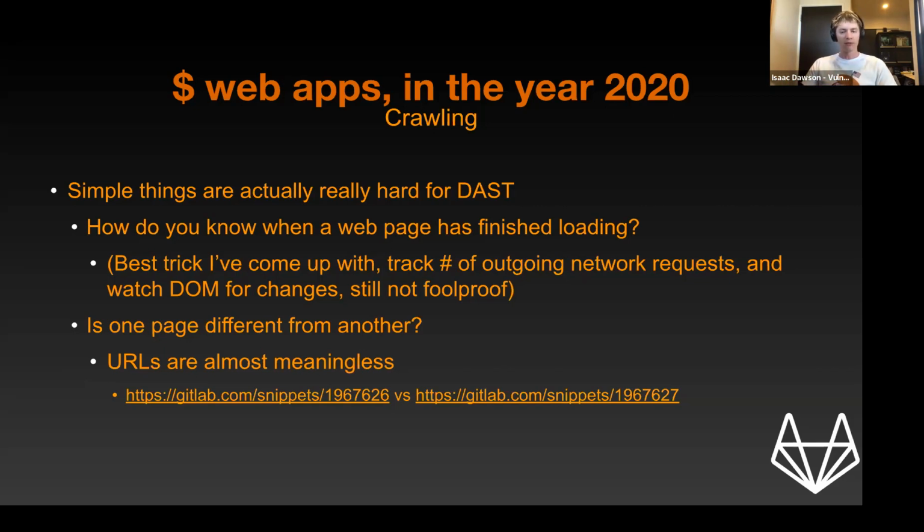What I've used in the past and what's worked, but it's still not foolproof, is you have to track the number of outgoing requests for the particular page that you loaded, make sure that it increments and decrements down to 0, and then you watch the DOM to see if it's changing. But if you think about a lot of these carousel components that are modifying the DOM every second, it's going to look like the page is still being updated. So for a human, it's really easy for us to say, okay, this page has obviously been loaded and we can start navigating. For a DAST tool, not so much.